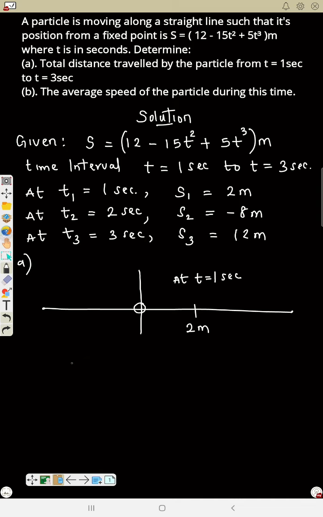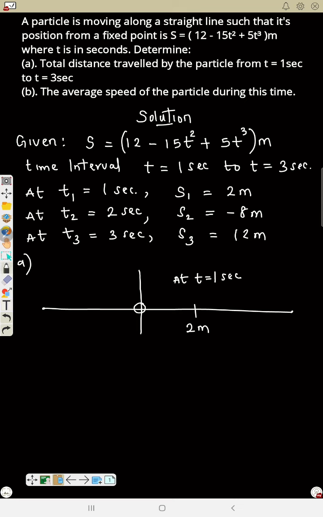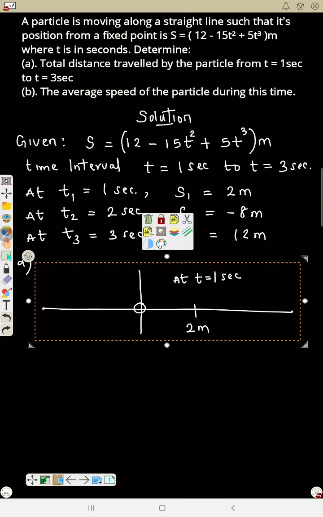After 2 seconds, let me use a different line. But everything that happens is still on this same line. So let me use another line first to understand better. Then this same line is the one I'm writing again. Or let me copy it so it will be the same.